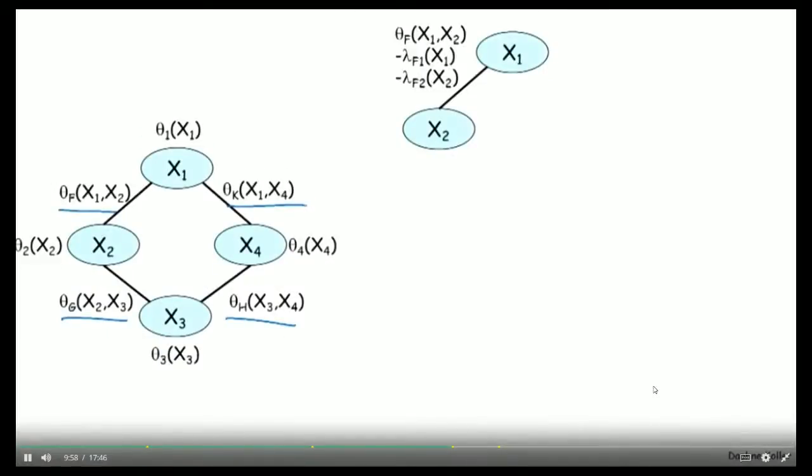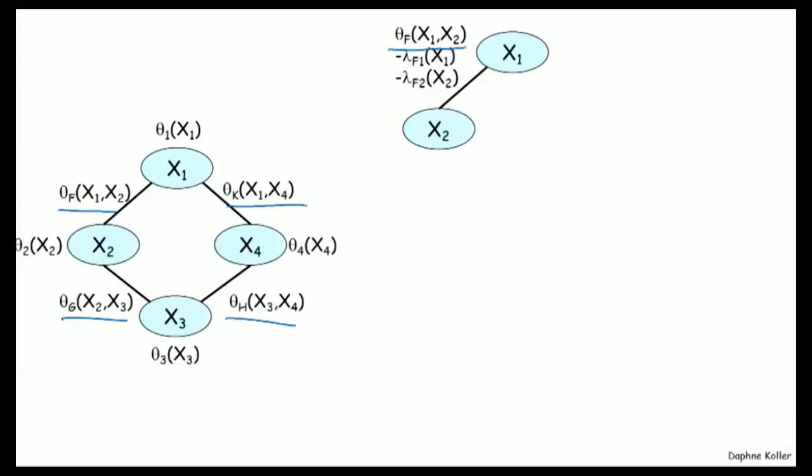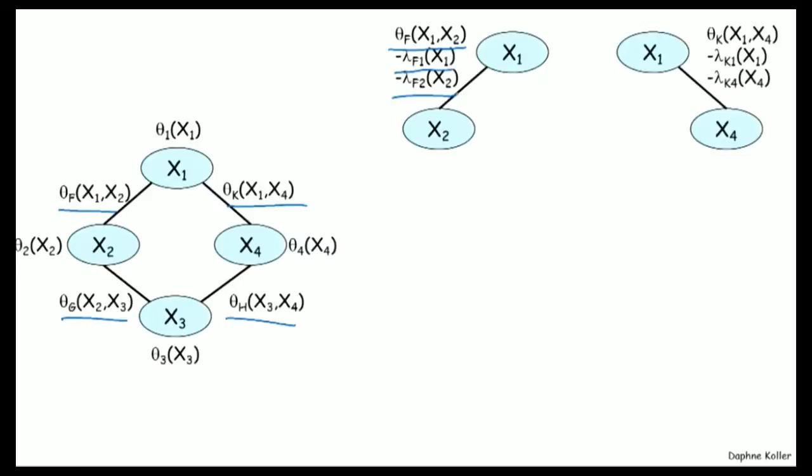Well, it has its own potential, theta f x1, x2, and then it's going to have these little costs that are going to try and get it to agree with the one slave on x1 and with the two slave on x2. We're similarly going to have for x1, x4, this is the k, so this is the f slave.